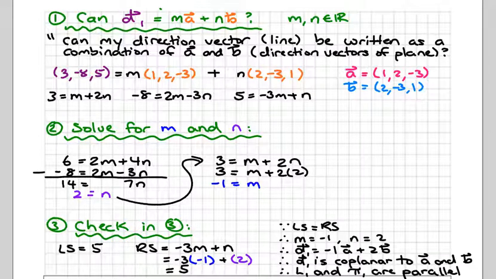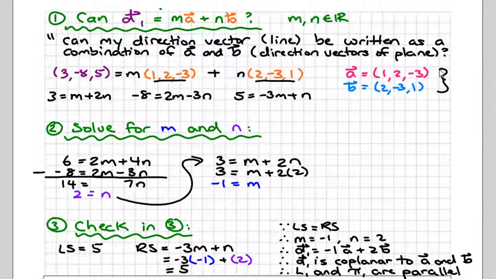So what I did was make my purple equal to a scalar multiple of both my orange direction vectors. I wrote them again here just in case you don't remember them. This one was the pink and this one was the blue. And then I just started to solve.